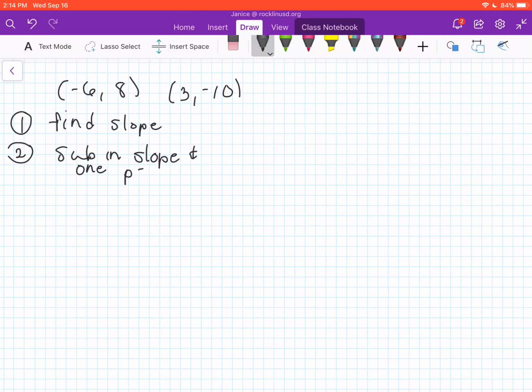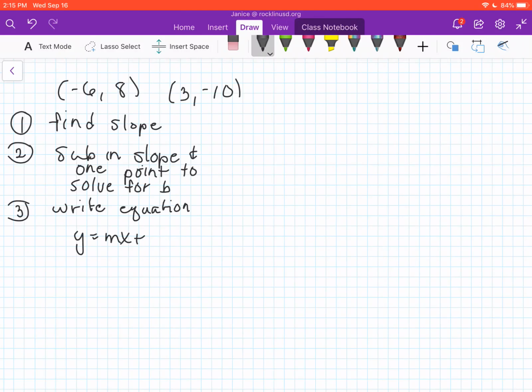And notice that we have 2 points, so we're only going to be using 1 to solve for b. And then step 3, write the equation as y equals mx plus b.